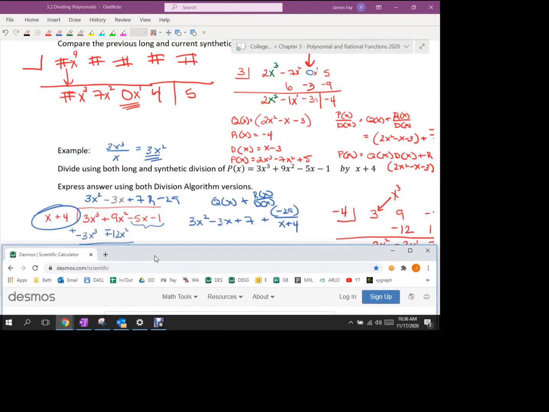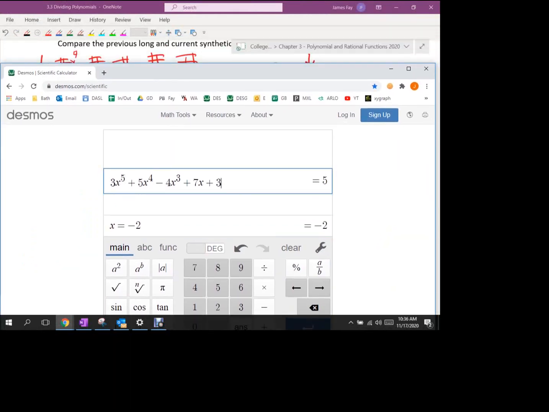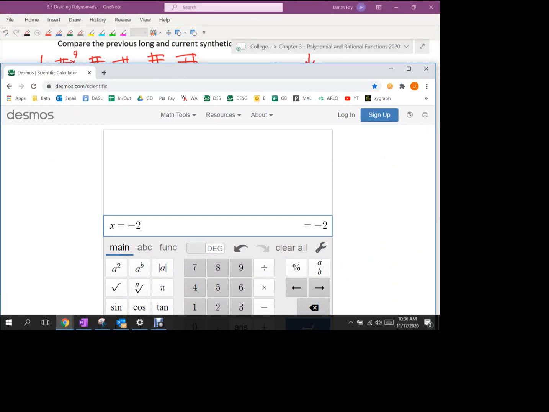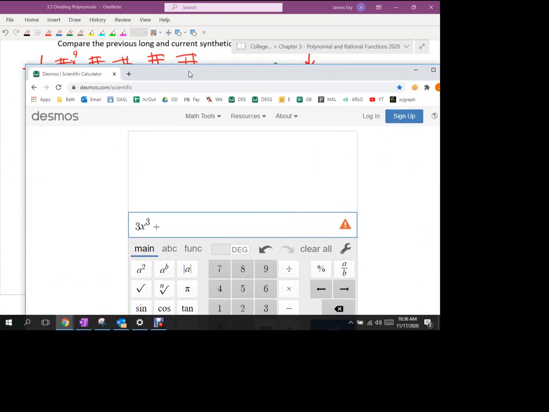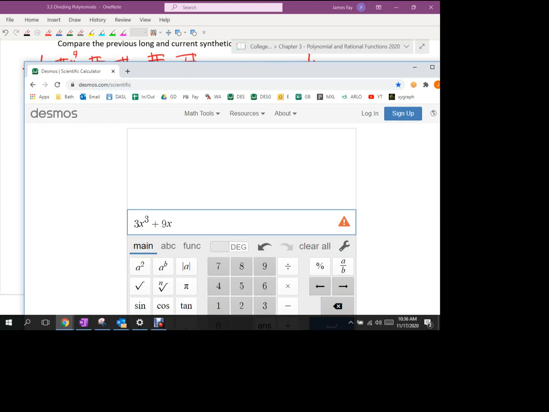So we had 3x cubed plus 9x squared, minus 5x minus 1. Okay, so that's our function, right?